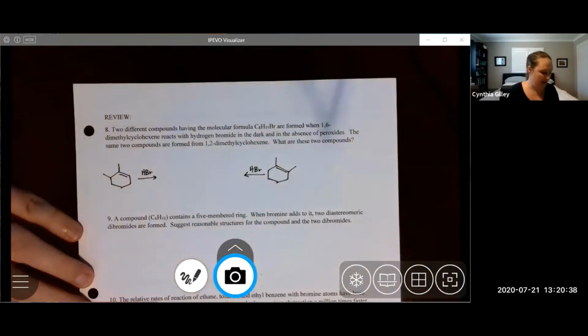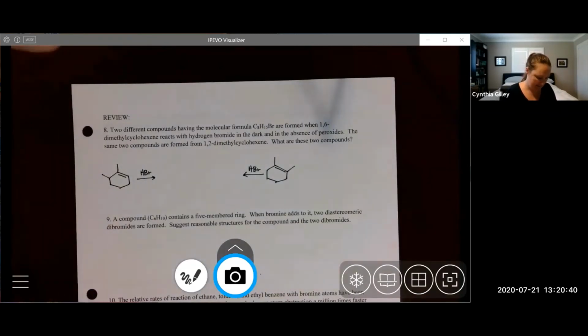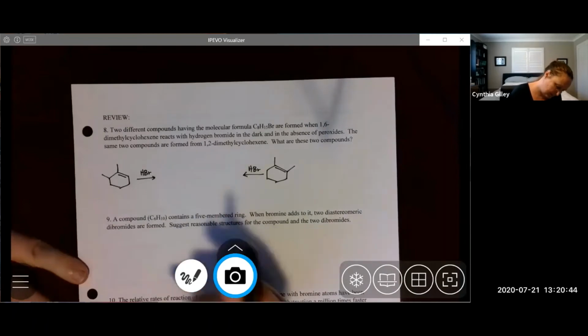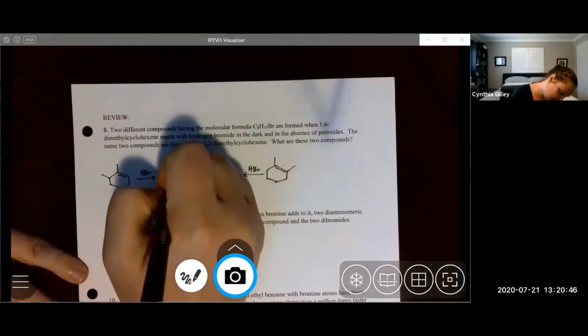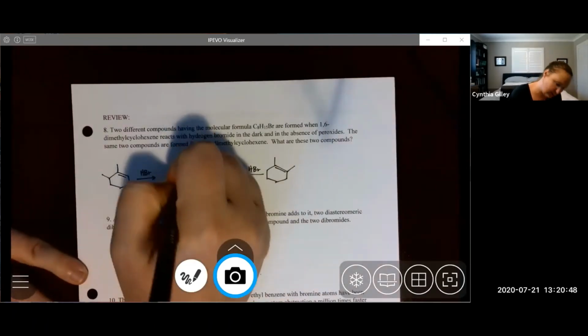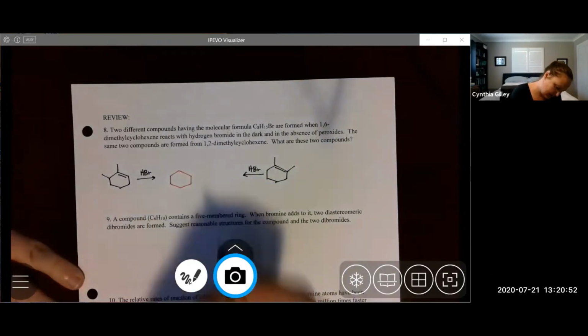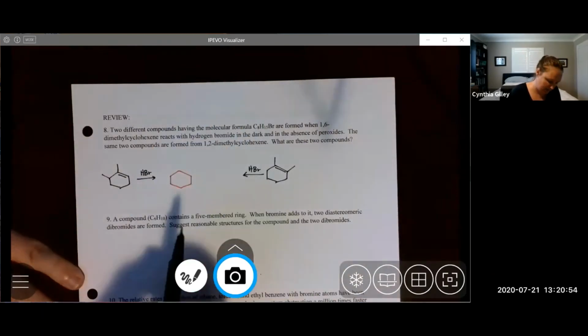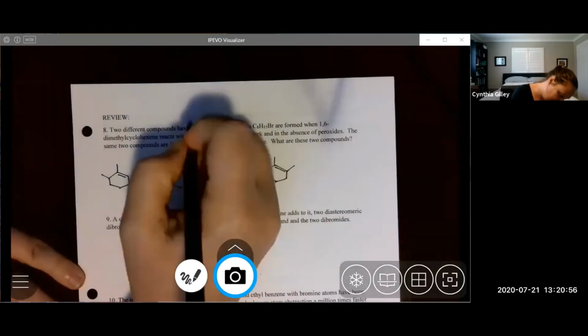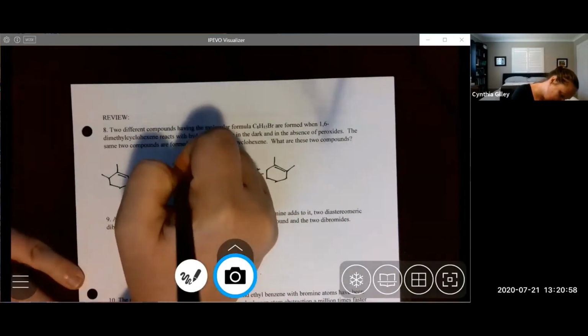So what are they? This is just a Markovnikov addition of HBr. So we would end up with bromine at the more substituted carbon, and then hydrogen at the less substituted carbon. So maybe we have the methyl up and the bromine down.